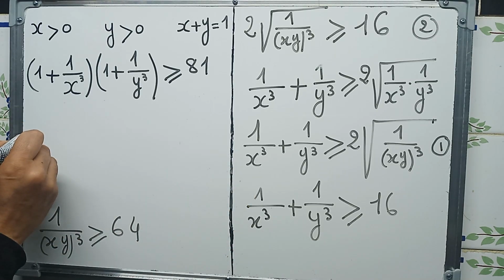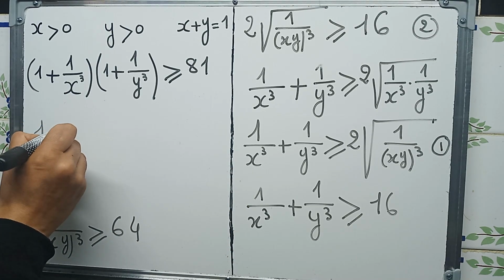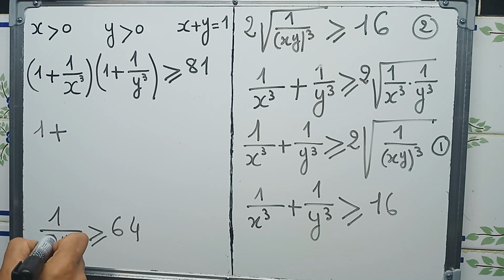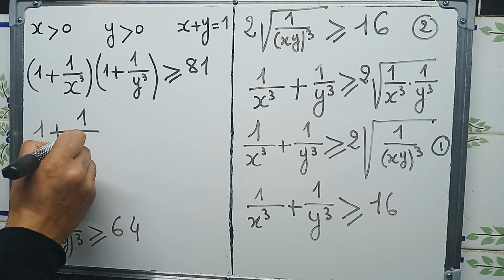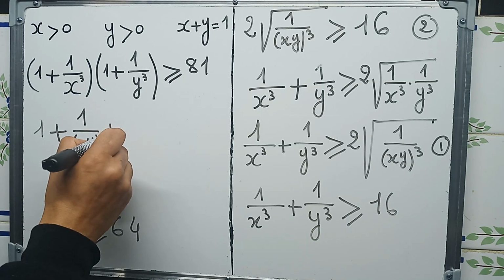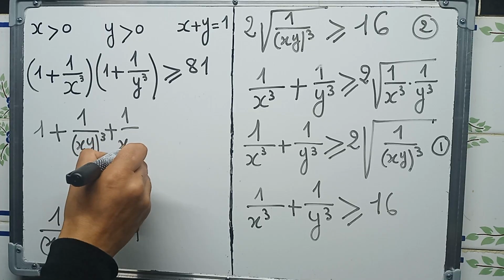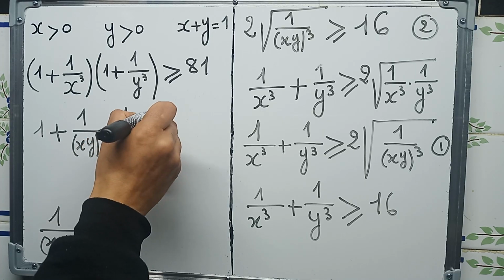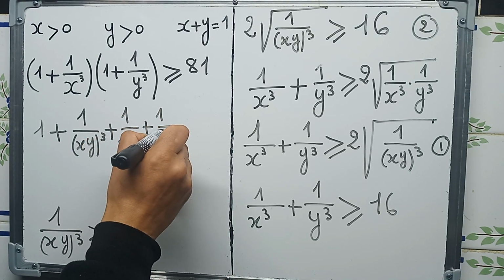I have 1 plus 1 over (xy) cubed plus 1 over x cubed plus 1 over y cubed.